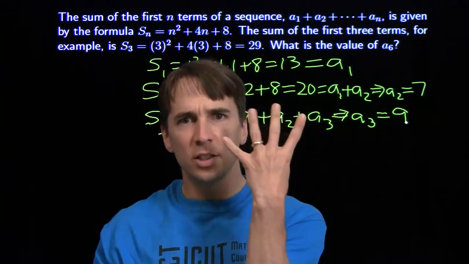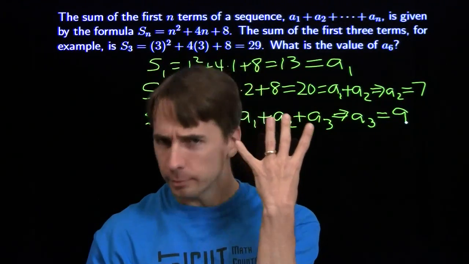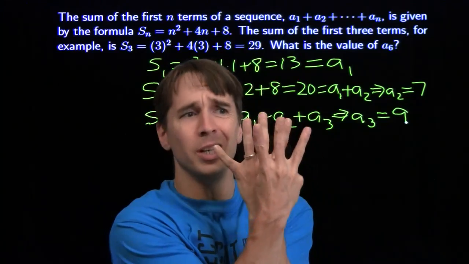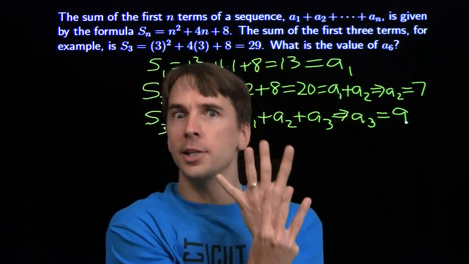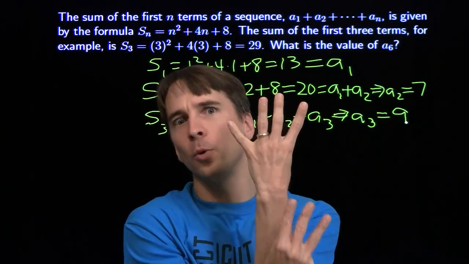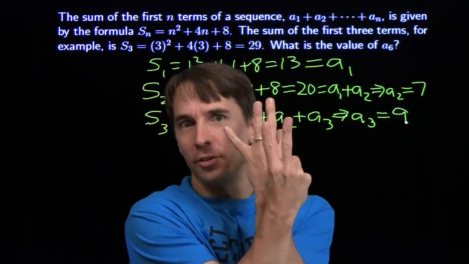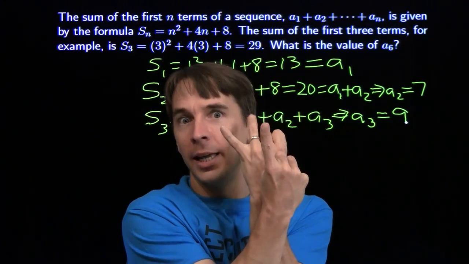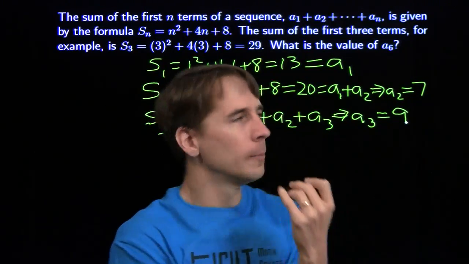S4 is the sum of the first 4 terms: first, second, third, fourth term. Let's compare that to S3, the sum of the first, second, and third terms. Check out what happens when you take S4 and subtract S3. Cancel the first term, cancel the second term, cancel the third term. You're left with the fourth term.